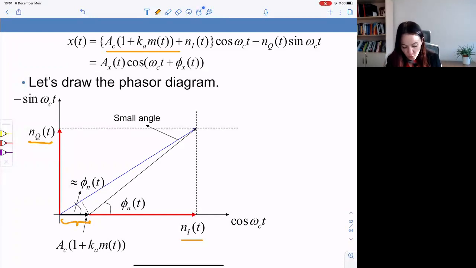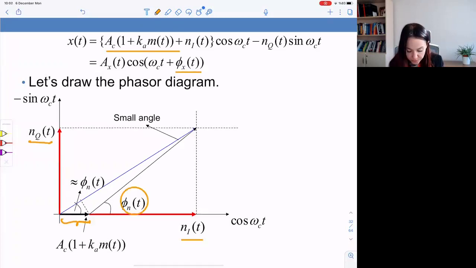If the signal is small enough, then this angle theta x is essentially going to be dominated by the angle of the bandpass noise. This is the angle of the noise, in other words, phase. Okay.